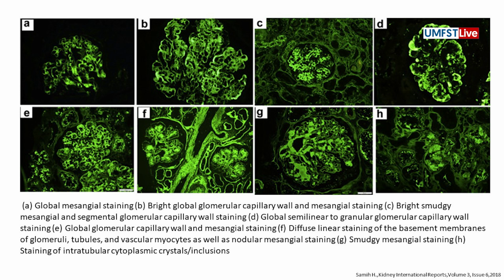And here, this is in the capillary walls. When we look here, it's mesangial, but not like this. And it's segmental, not the whole glomerulus. And these are global but semilunar staining.